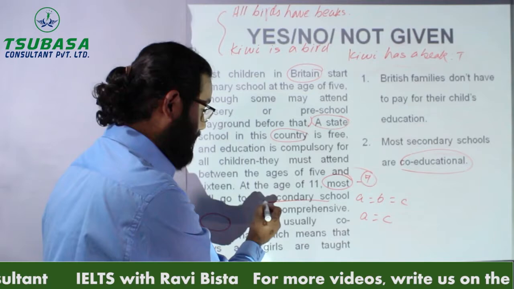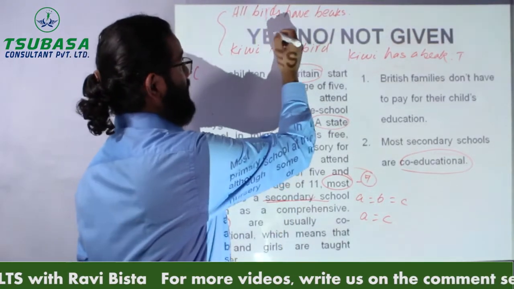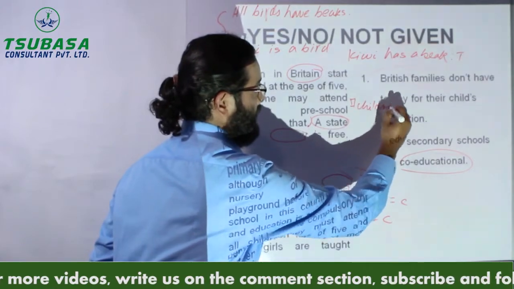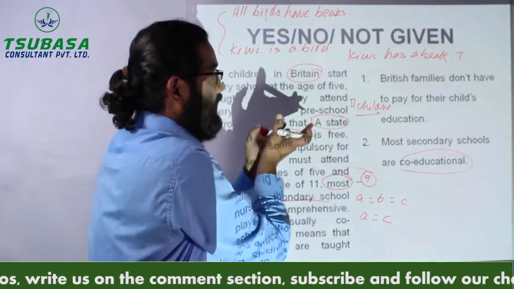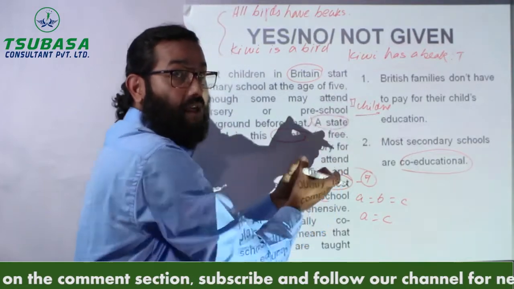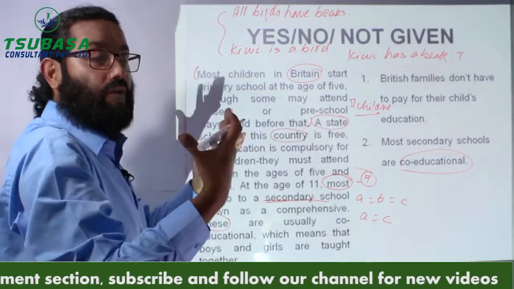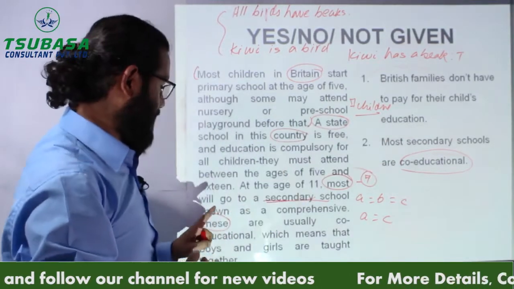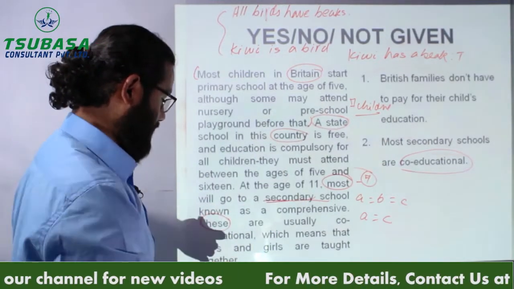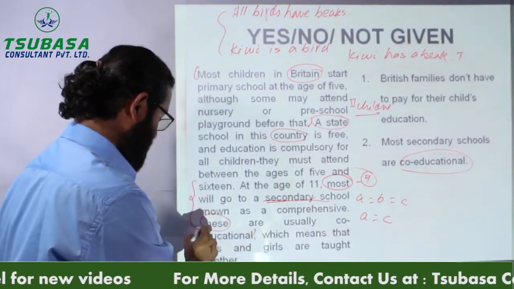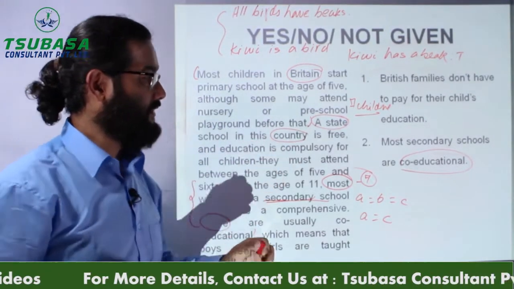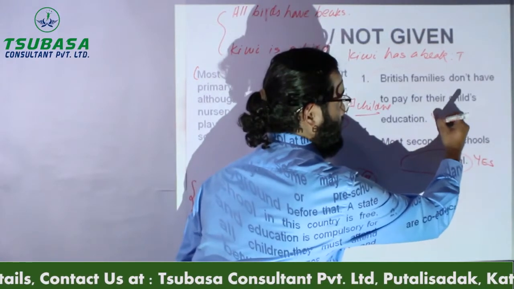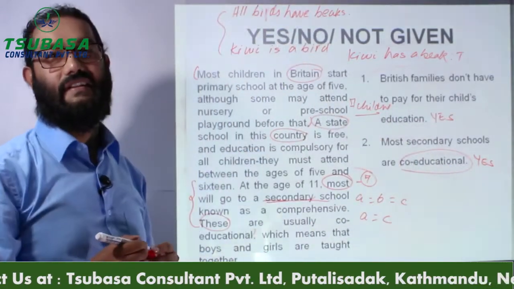These means these schools. It means 7 children are going to schools that are co-educational. So most of the schools. If you deduce this way, it means most secondary schools are co-ed. These are usually co-educational. Now from these lines, you know that this is a yes statement. This is also a yes statement.